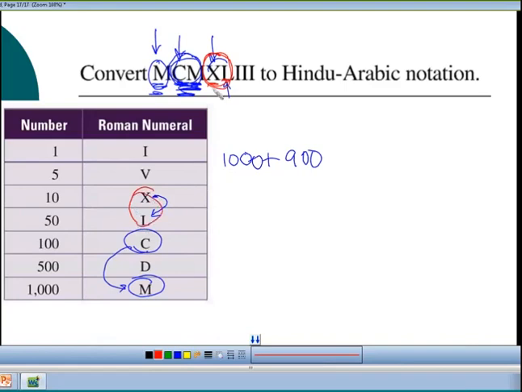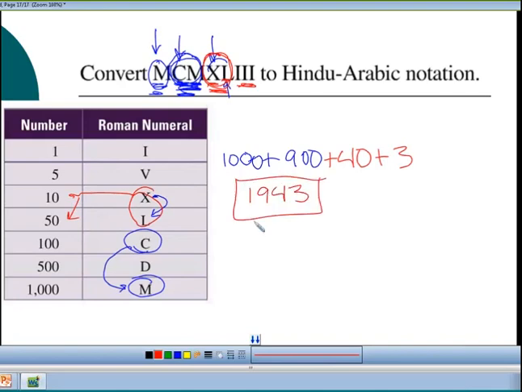So what it's saying is you've got this quantity, which is 10 less than 50. So in other words, we're adding 40. And then at the end we have 3 ones, so we say plus 3. So we've got 1,943 is what that number would convert to from Roman numerals to Hindu Arabic notation.